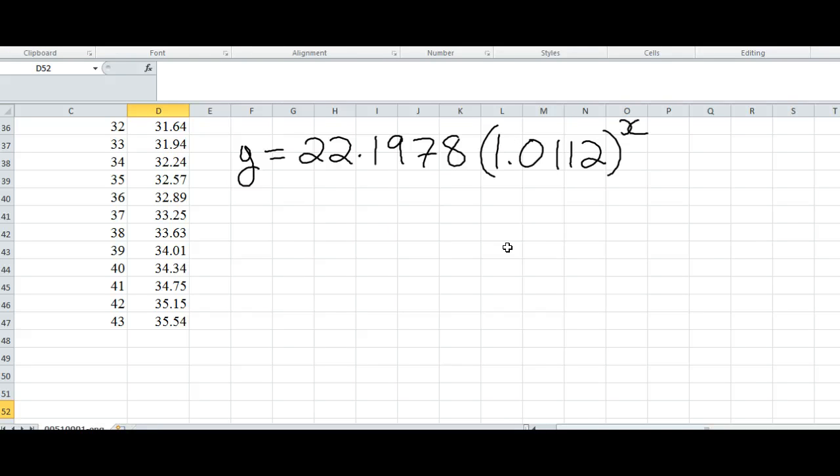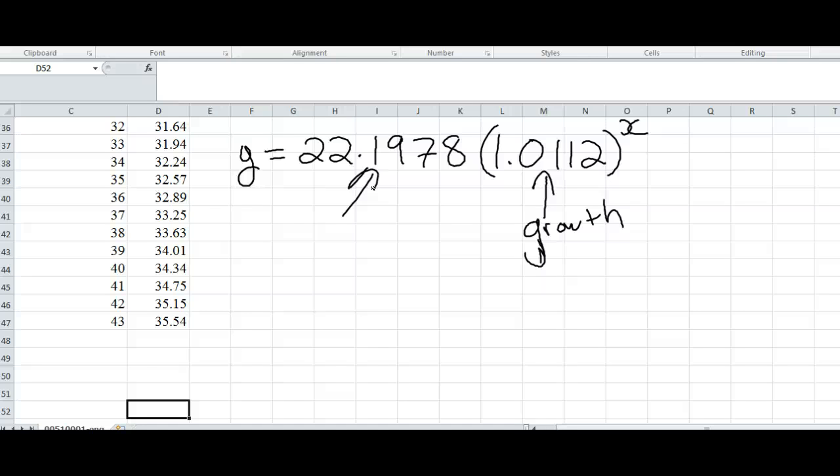All right, so what does this tell us? Is this growth or decay? Growth. This gives us our initial population, right? The first or the starting. Now that's based on the model, not necessarily based on the number that's actually in the chart, right?